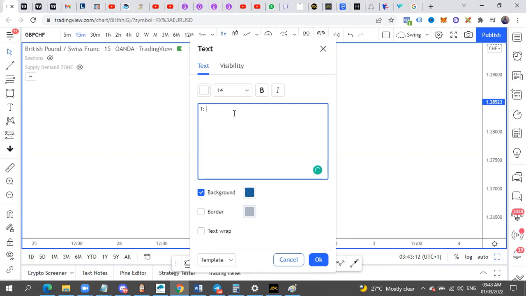The first one is that you can use a Fibonacci retracement. You can use support and resistance. You can use supply and demand, which is what I trade and what we trade in the community.